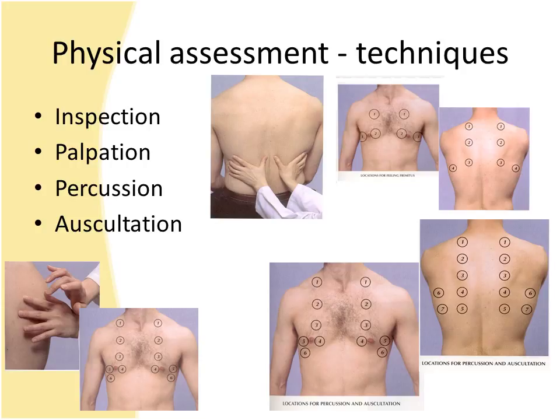Cyanosis of the chest typically is a sign of impending demise. But if the lips, the tongue, the nail beds are cyanotic, then it usually means that we have a significant decrease in oxygenation.